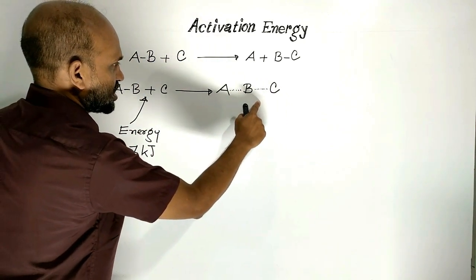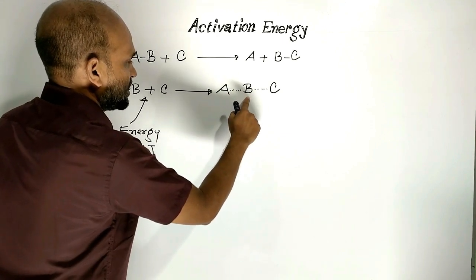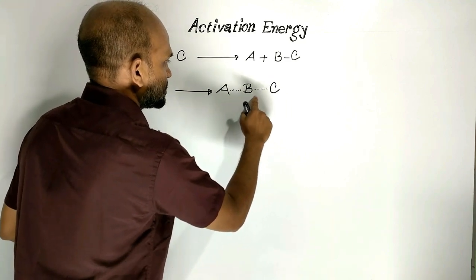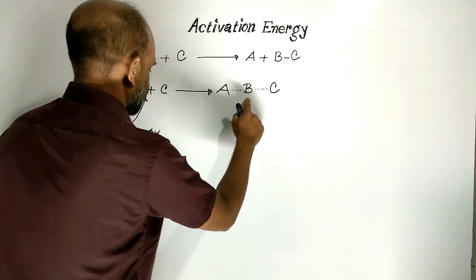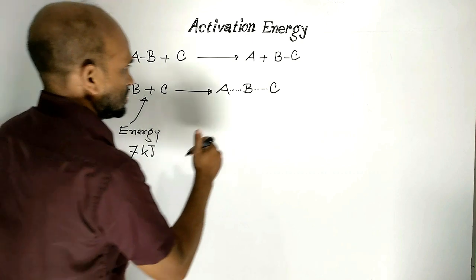That is, at the same time, bond between A and B breaks and bond between B and C forms. It happens at a time, absorbing 7 kilojoule energy, for example.